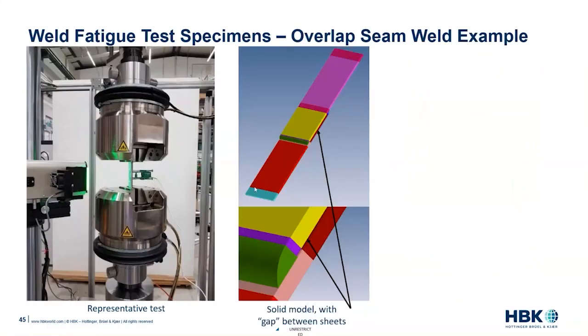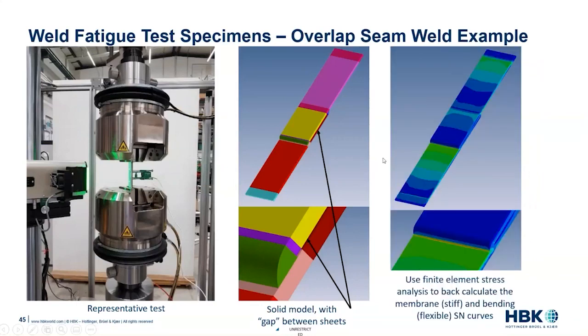The reason this is done is so that we can see exactly where the first failure occurs and the particular growth, and also the growth direction. Because when we've done our finite element modeling, we know where the expected first failure will occur and its expected direction.